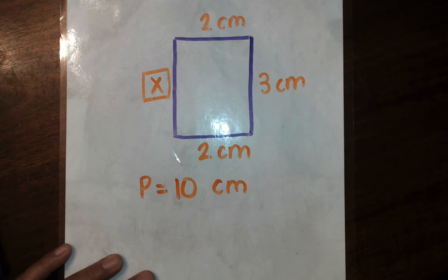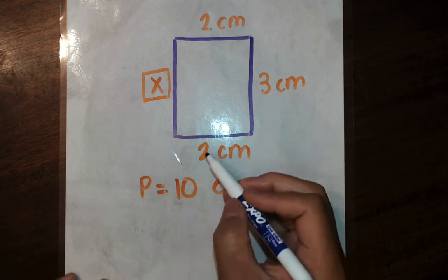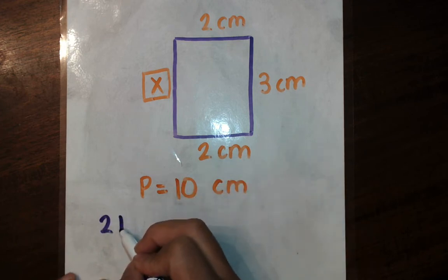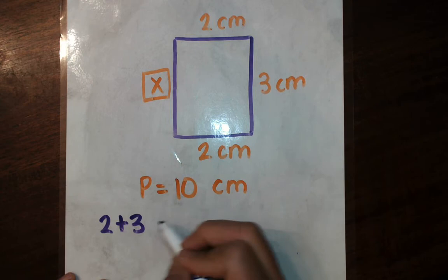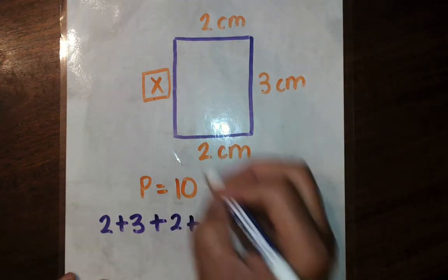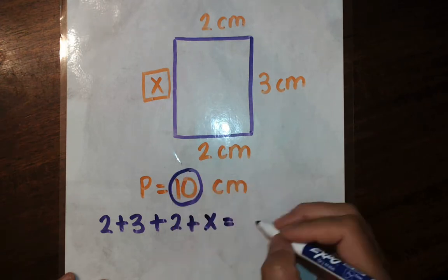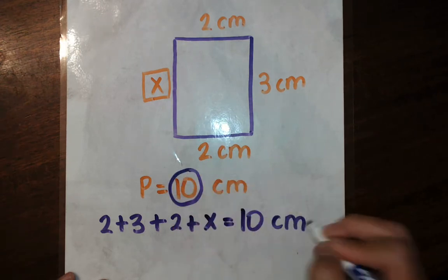Yes, I would. Remember, perimeter just means adding up all the sides. So if I know that one side is 2 plus 3 plus 2 plus whatever x is, it's going to equal a perimeter of 10 centimeters.